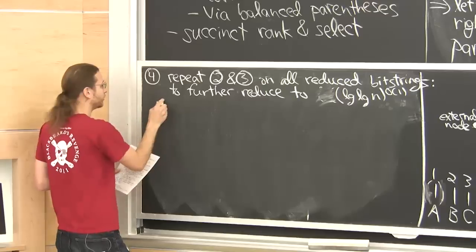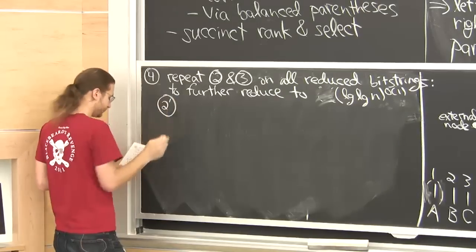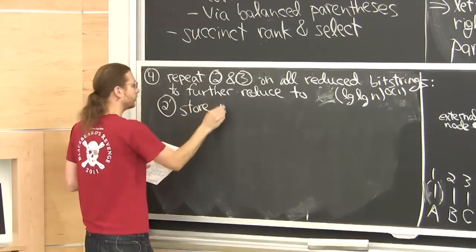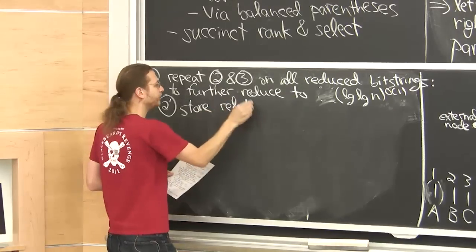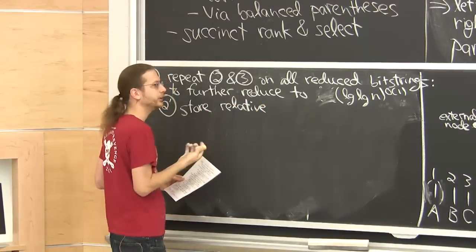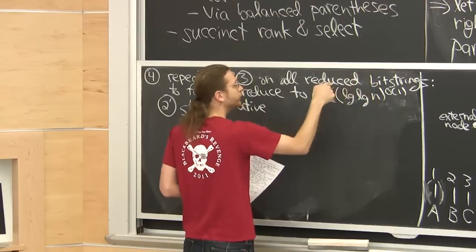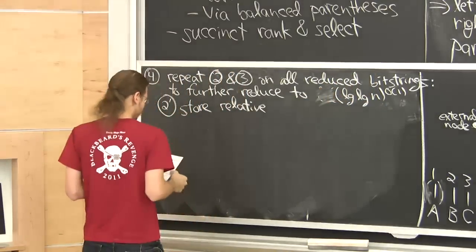Fine. So I'll call this 2 prime. I want to make this explicit because they are slightly different. Because now everything's relative to the reduced string, which is polylog.